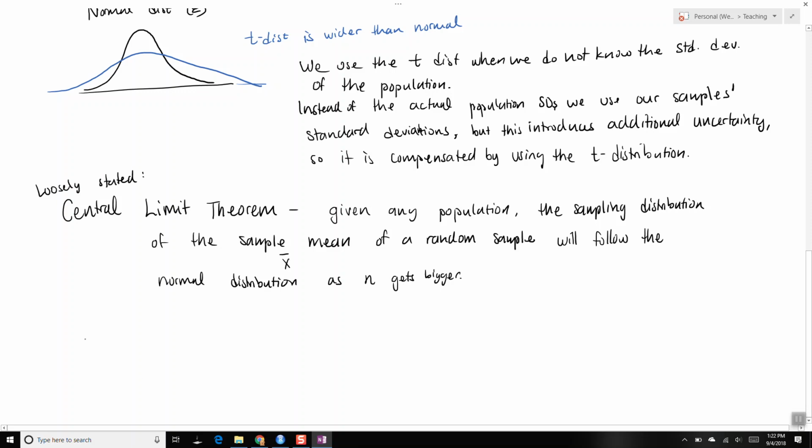So what is this concept of the sampling distribution? The idea was, here you've got a population. The population has mean mu.